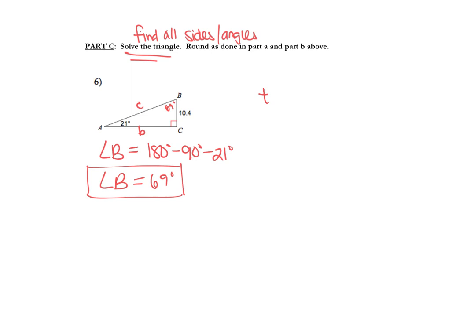So the tangent of 21 equals 10.4 over B. So if I isolate B, it's 10.4 over the tangent of 21 degrees. So there's my calculator ready answer. And when I plug that into my calculator, it's a side length, so I'm rounding it to 3 significant digits, 27.1.